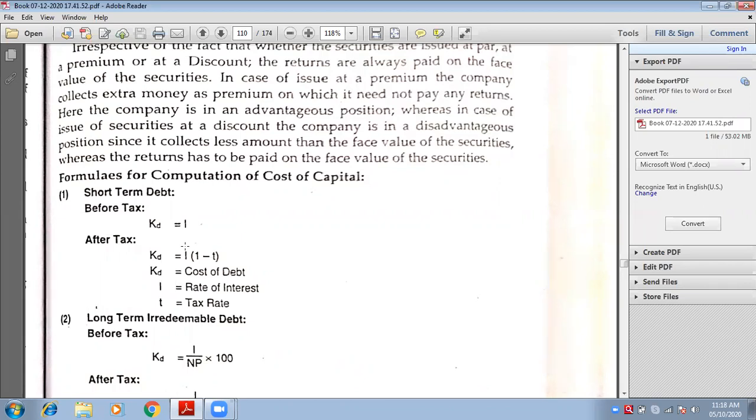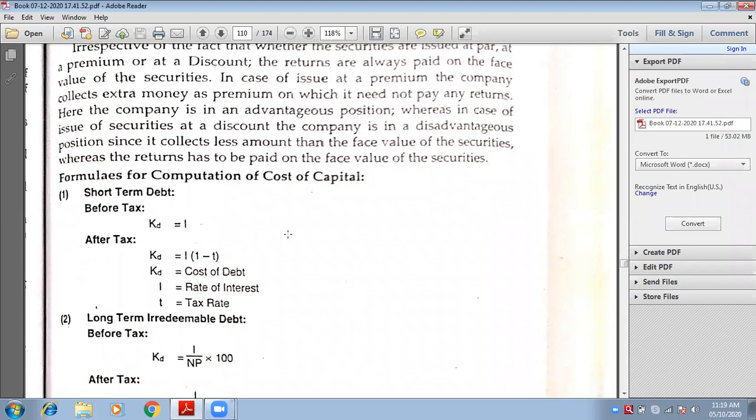T is tax. So Kd is cost of debt, I means rate of interest. Suppose the rate of interest is 10%. But 10% is before tax. You need to convert it into after tax. So what formula will you use? I(1 minus t).